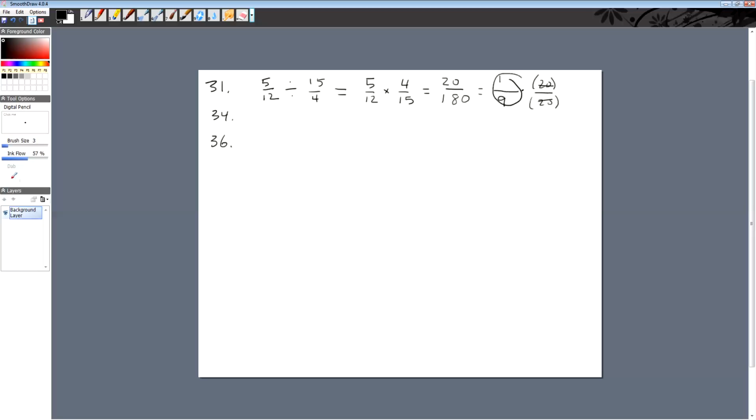Number 34, negative 3/8 divided by 5 over 4 is the same as saying negative 3/8 times 4 over 5, or negative 12 over 40.